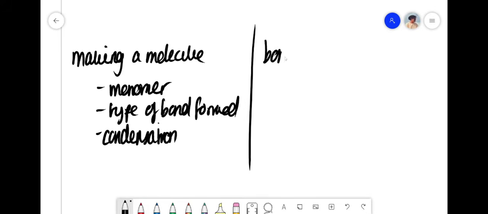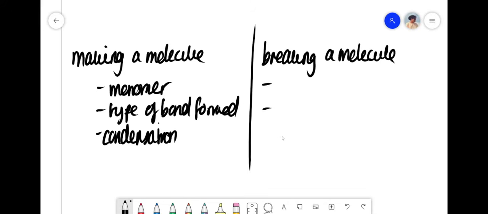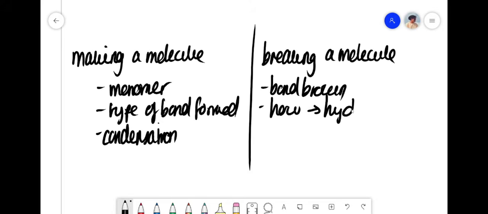Same principle goes for breaking a molecule. Every single time you say these exact same 3 things, but actually you kind of go backwards. You say the bond broken, how the bond is broken, so that would be hydrolysis in most cases, and the product made.